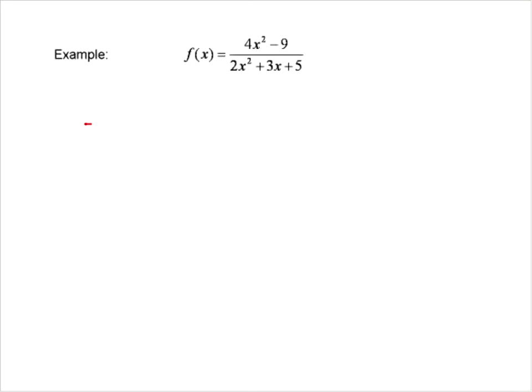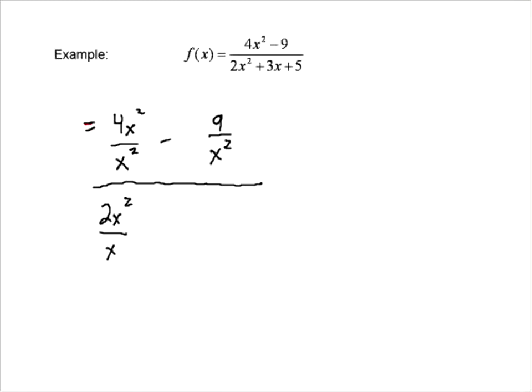So we're going to take this function, and we're going to take 4x squared, and we're going to divide by the highest power, and of course the highest power is x squared. We're going to go minus 9 over x squared. That's just the numerator. The bottom is going to become 2x squared over x squared plus 3x over x squared plus 5 over x squared.